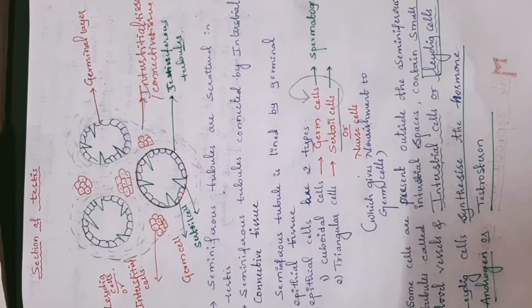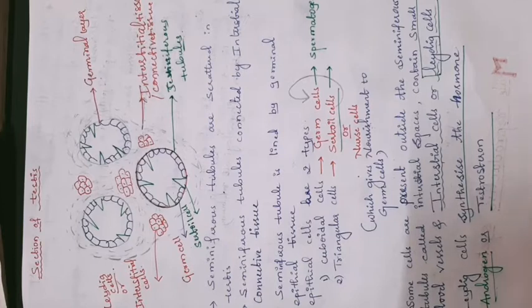After discussing the structure and ultrastructure of the testes, we have to move to the complete structure of the male reproductive system. Already we discussed the primary sex organ and the secretion of the primary sex organ, that is sperms and hormones.